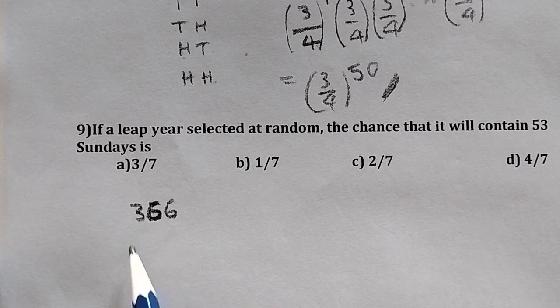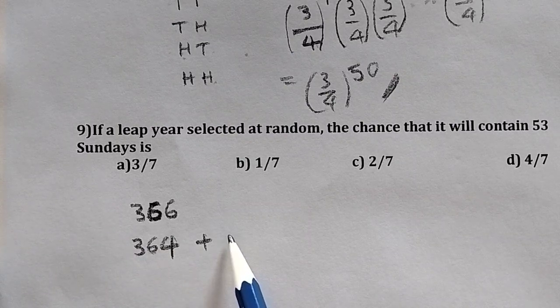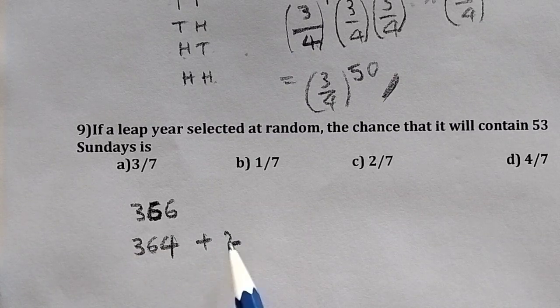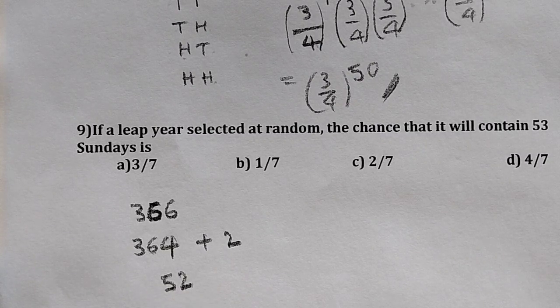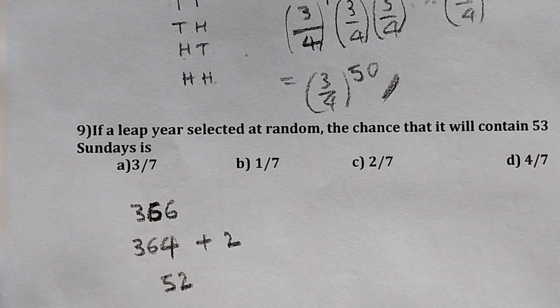Out of 366, 364 is divisible by 7, giving 52 weeks. That means for 52 Sundays, the probability is 1, since in 364 days 52 Sundays will definitely be there.